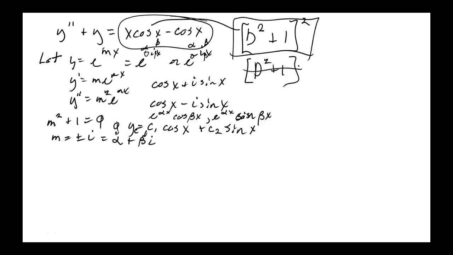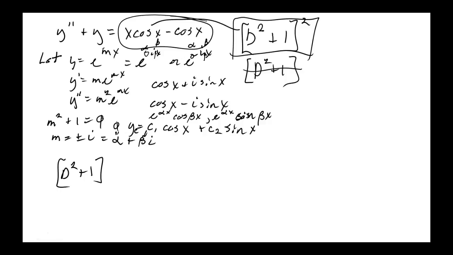Now, however, if you'll notice what your original function was, your annihilator is going to be D squared plus 1. My pen is really slow.